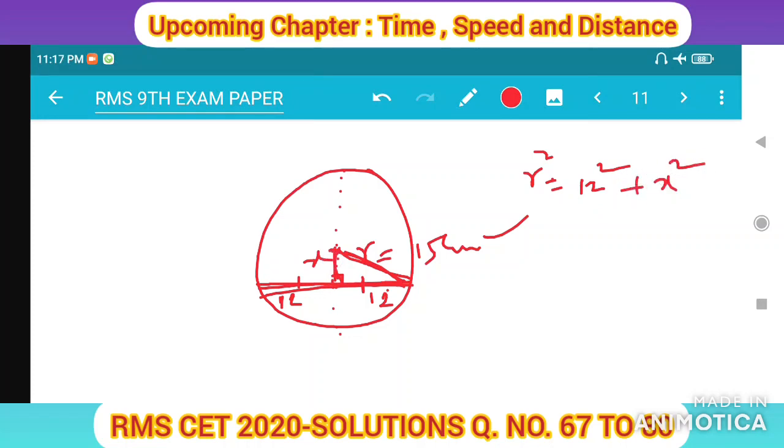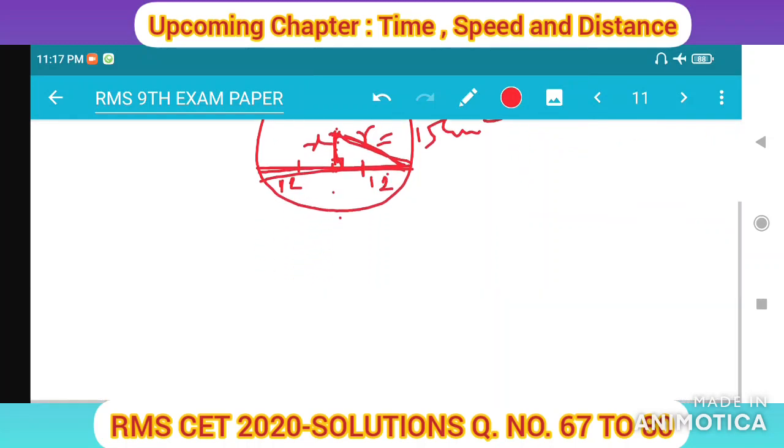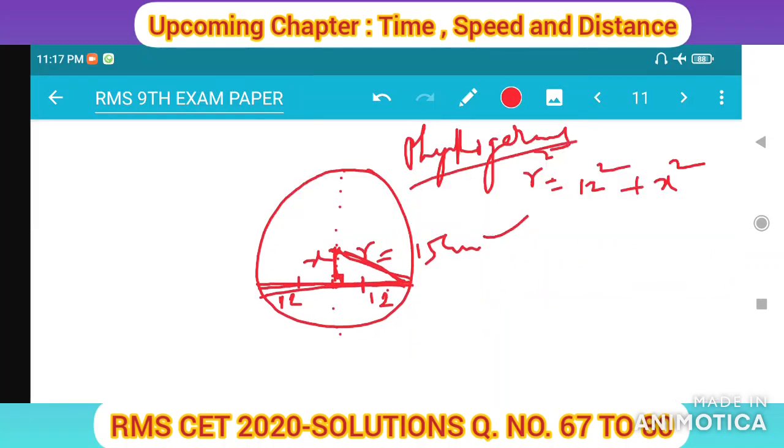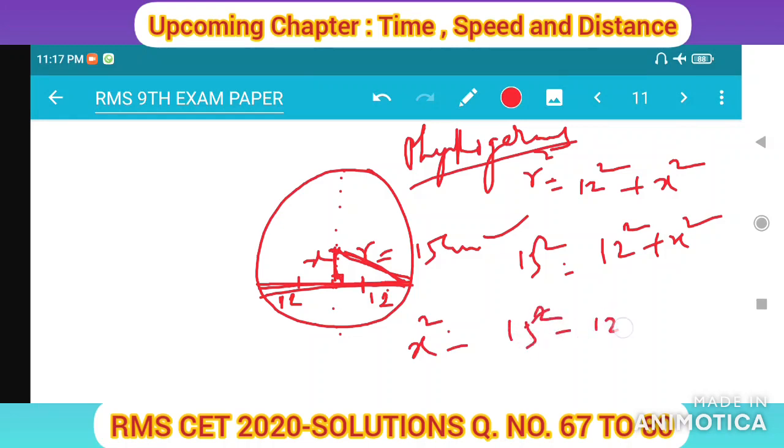This is by using Pythagoras theorem. So r is 15 centimeter. 15 square is equal to 12 square plus x square. So the value of x square is nothing but 15 square minus 12 square.